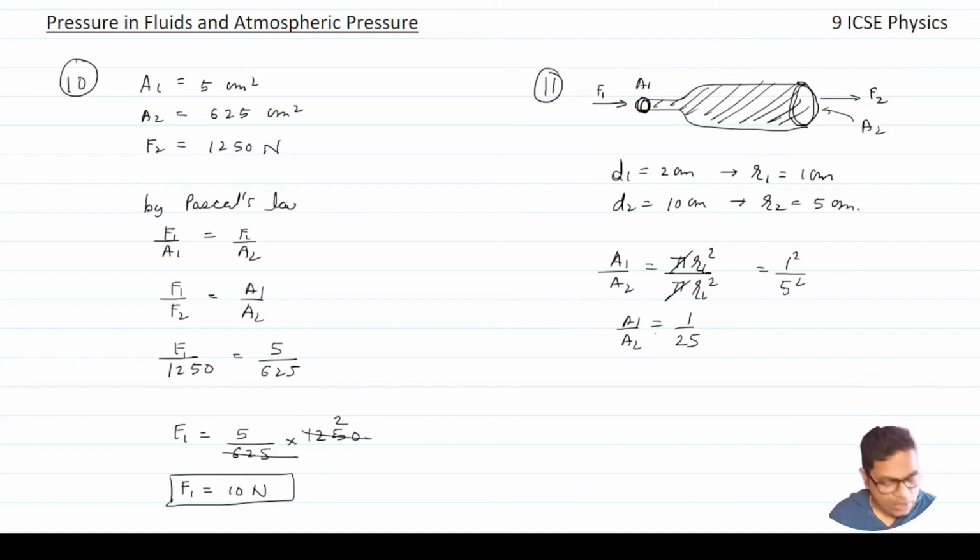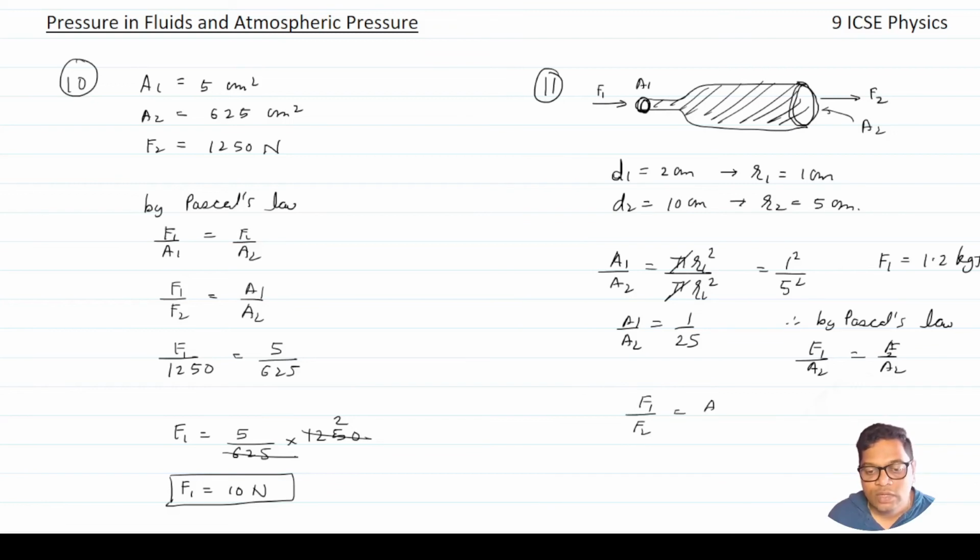They have also mentioned that F1 is equal to 1.2 kilogram force. So therefore, by Pascal's law, we have F1 upon A1 is equal to F2 upon A2, or we have F1 upon F2 is A1 upon A2.